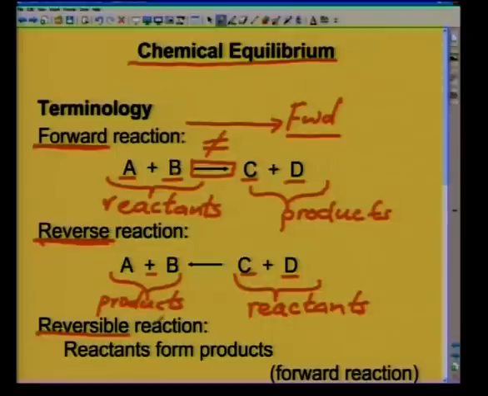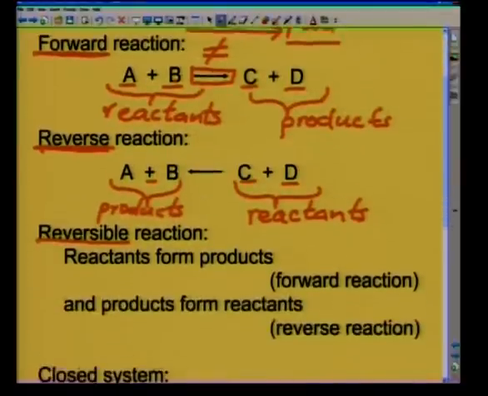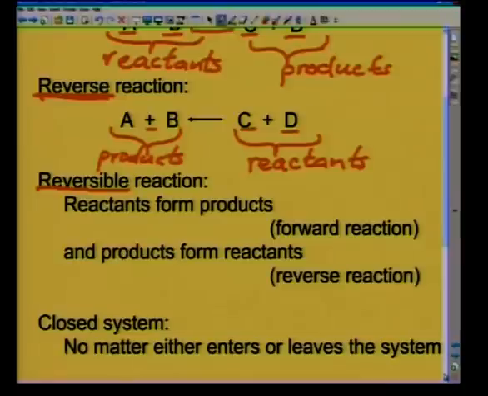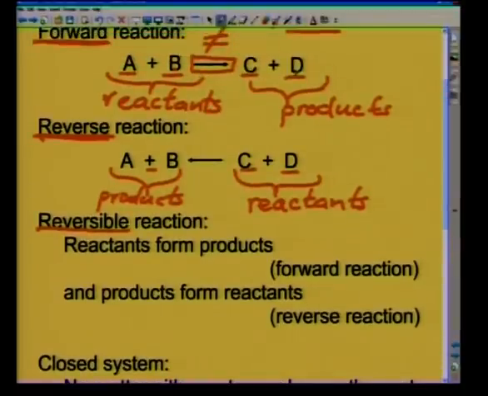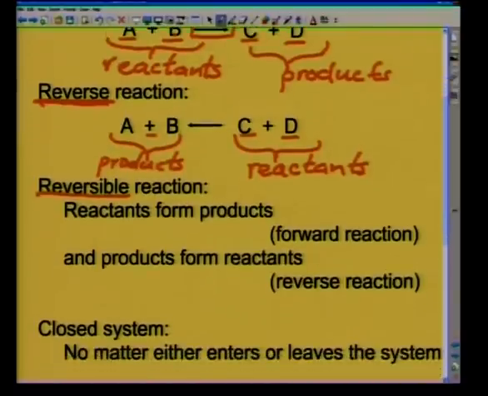Now, from these two here, we can move on to what we call a reversible reaction. If A and B is able to give us C and D, and at the same time, C and D are also able to react and give us A and B, which is shown by this second arrow here, then this reaction is reversible.